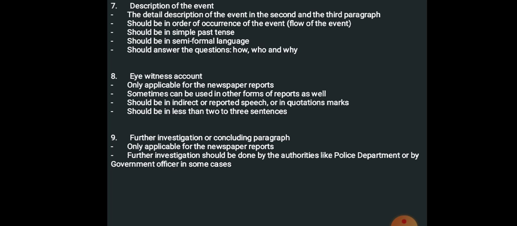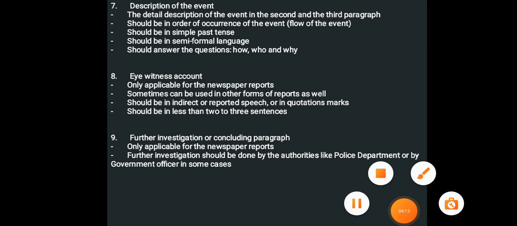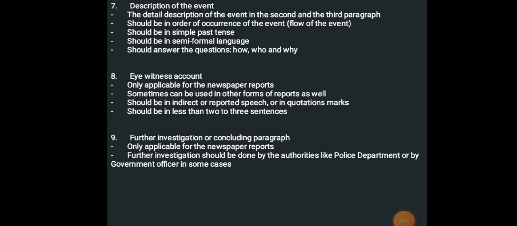So the description of the event should be written in the past tense. It should be in semi formal language, meaning not highly formal language but not low language as well. It should be easy for everyone to understand, and it should answer all the questions: how, who, and why.